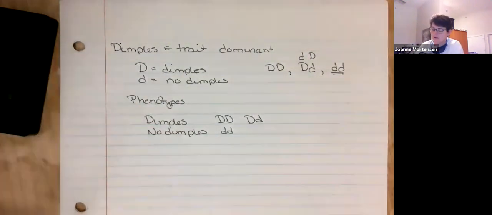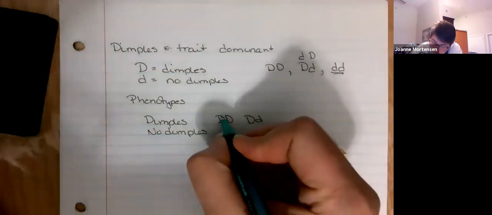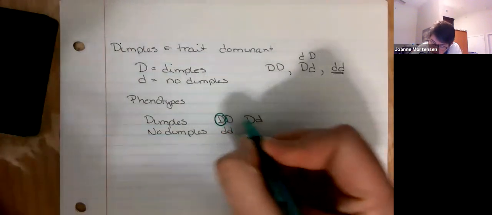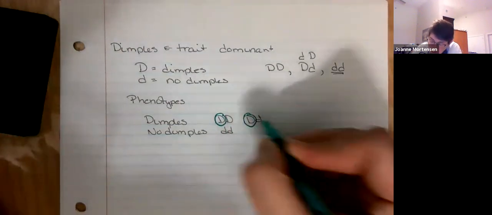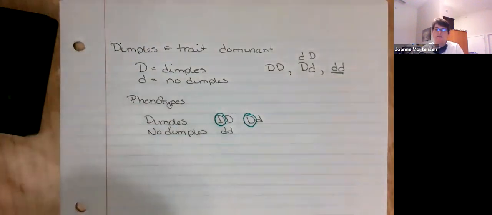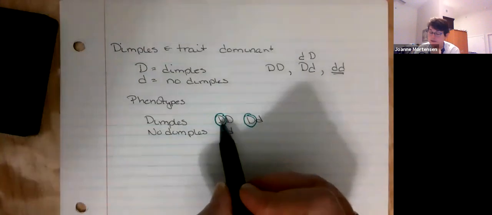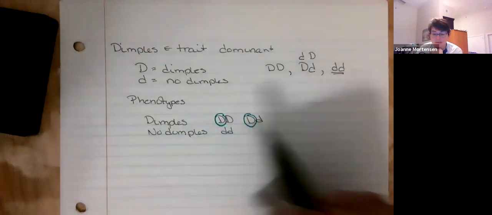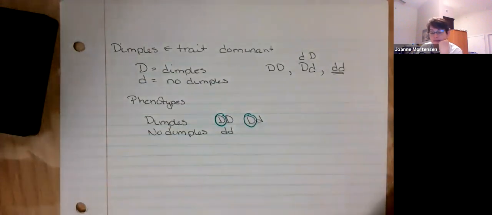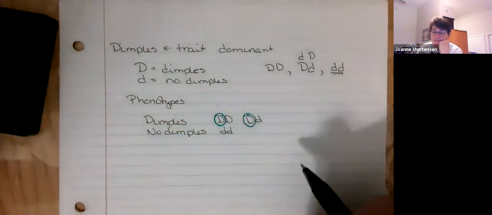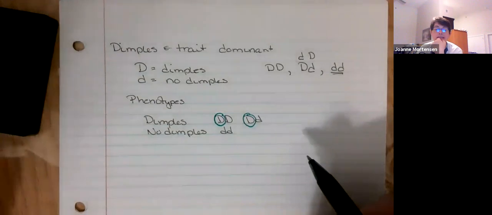So all I need is that much. The moment I see one capital D, I know that person is going to have dimples. And this person who's purebred dimples, that's what it'd be called, or homozygous dimples, is going to look the same as that one. You can't tell by staring at somebody whether or not they're purebred or hybrid, homozygous or heterozygous.